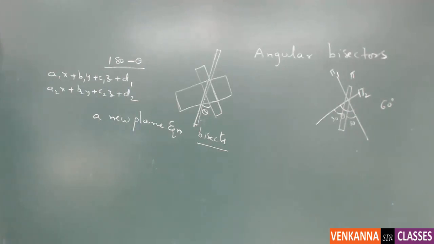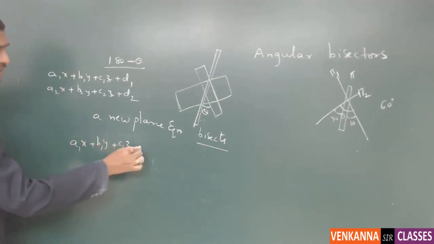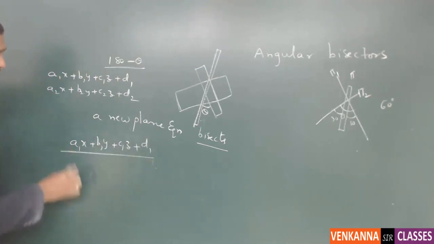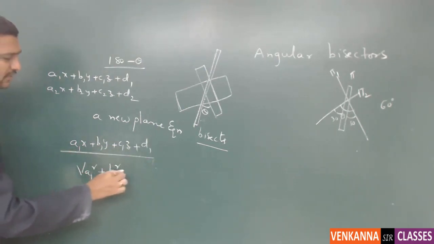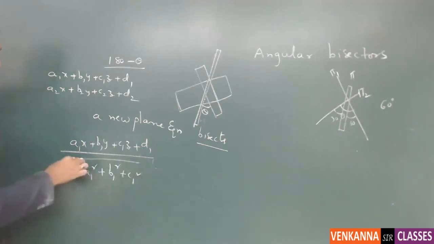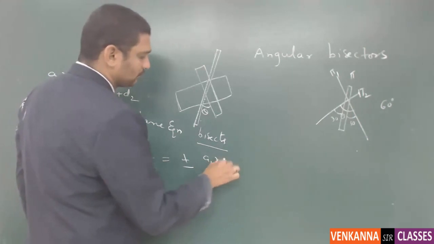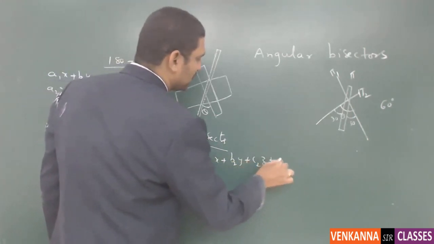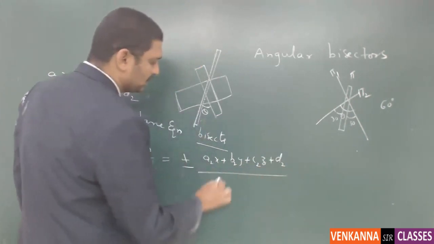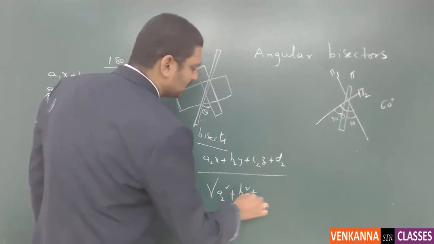So the formula is (a1x plus b1y plus c1z plus d1) divided by square root of (a1 square plus b1 square plus c1 square) equals plus or minus (a2x plus b2y plus c2z plus d2) divided by square root of (a2 square plus b2 square plus c2 square).